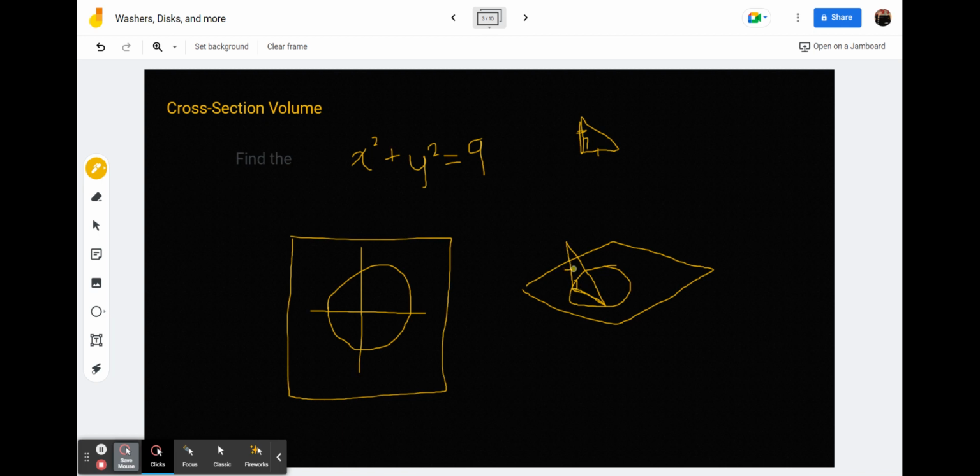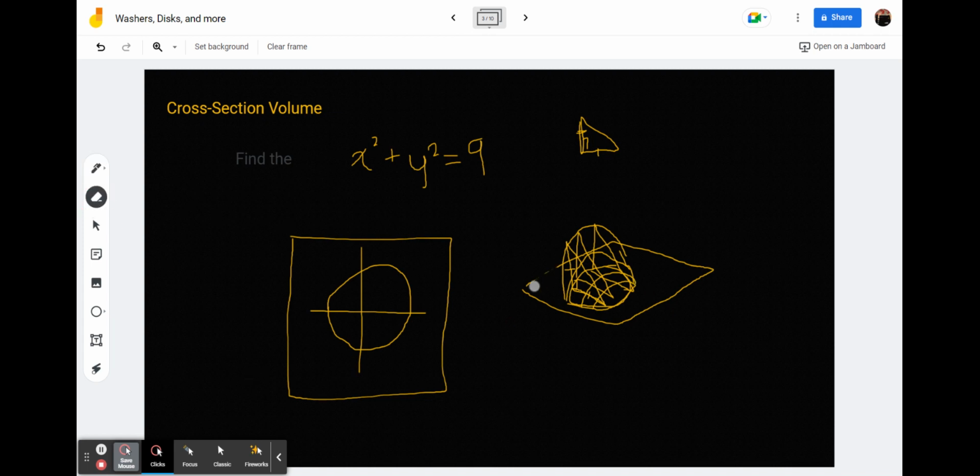An isosceles right triangle meaning that this height and this base are the same. And you just keep doing that, and you'll get some sort of solid, which will look something like this. It's a little hard to draw a solid on a 2D graph, but it'll look something like this.